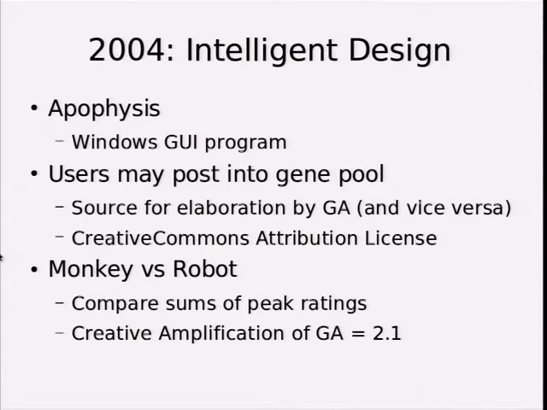And so the server requires that all the sheep that are submitted or posted into it be Creative Commons attribution licensed. And that's part of what makes this a collaborative enterprise, is that anybody can improve or learn from anybody else's design or download it and see how it works.